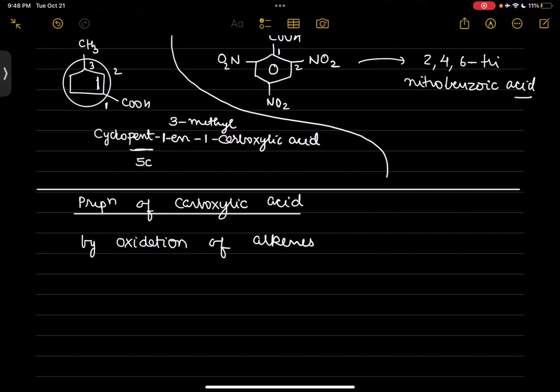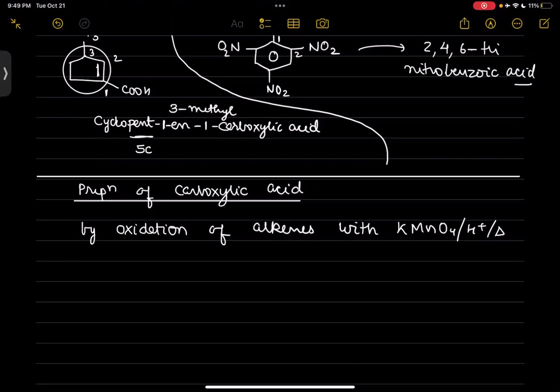Alkenes can get oxidized with acidified potassium permanganate and heating. But whether they are going to get carboxylic acid or not, that depends on their structure.